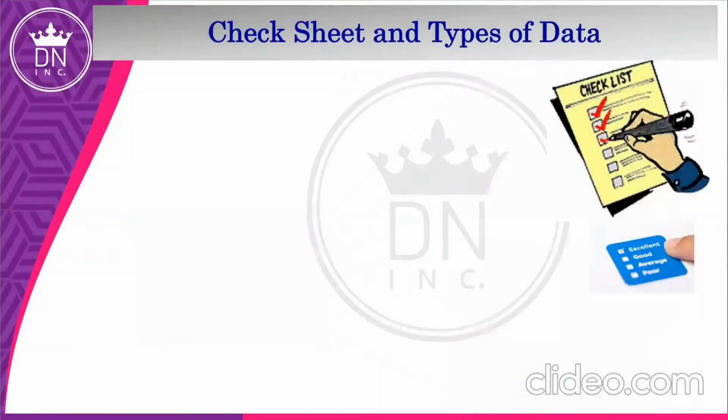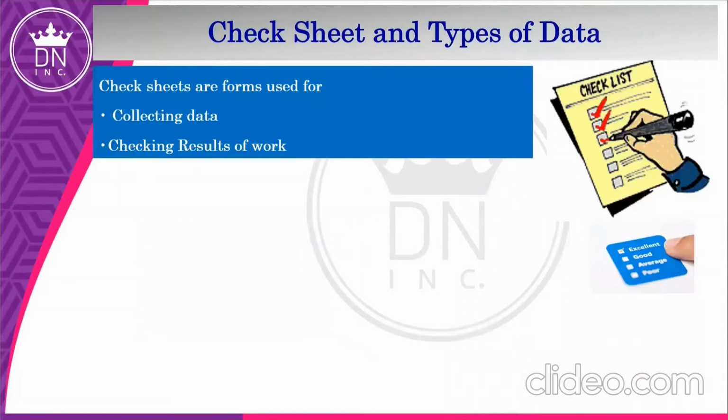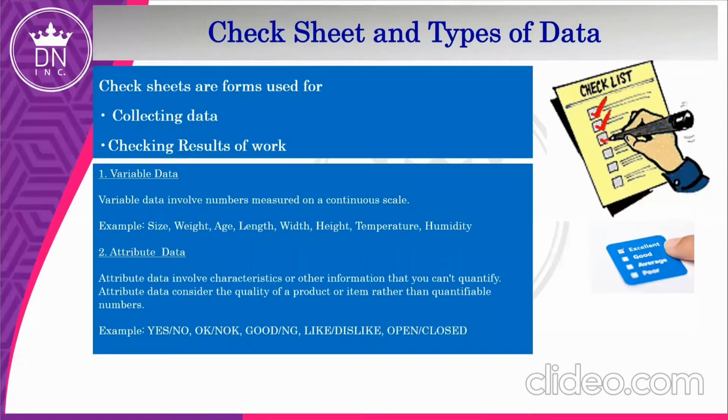First one is the check sheet. What is a check sheet and how would it be useful in your organization? A check sheet is nothing but a collection of data, checking the results of your work area. There are two types of data: variable data and attribute data.